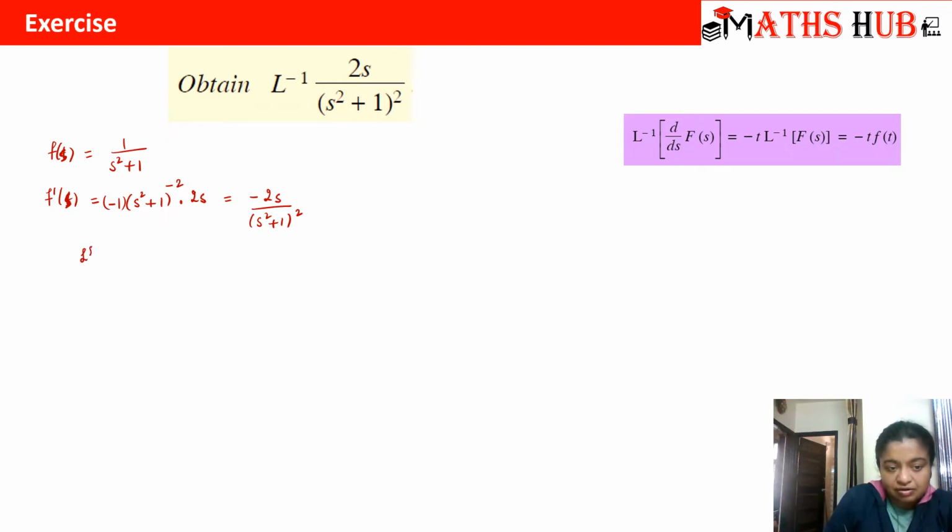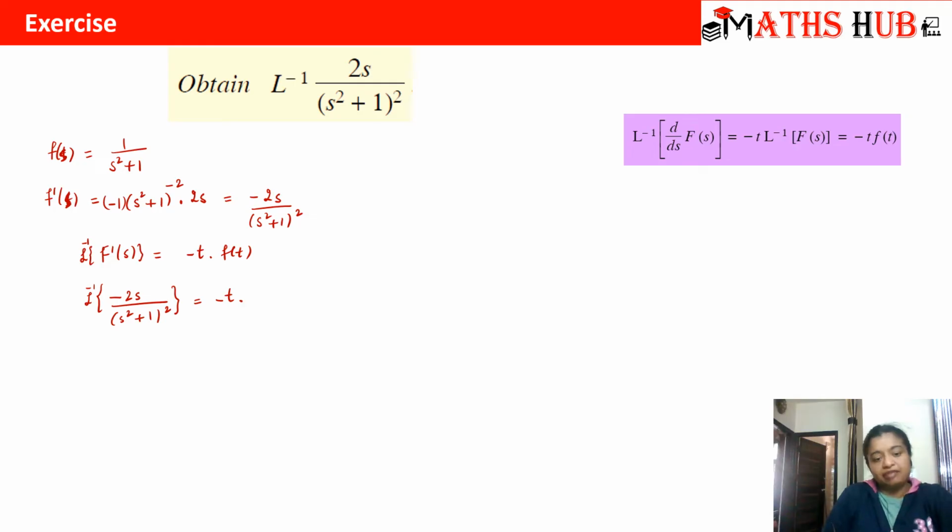Laplace inverse of F dash s is minus t into f(t). So this is my F dash s, minus 2s upon (s square plus 1) whole square. This is equal to minus t into f(t).